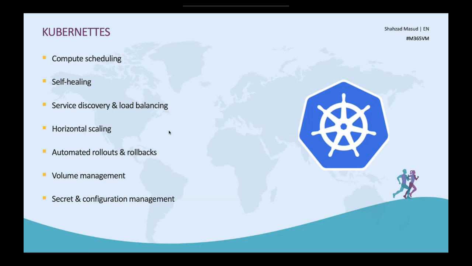Then there are automated rollouts and rollbacks. If you want to go for any deployment, you can create an image and roll out that image across the board. That would be a seamless deployment with zero downtime. And if something goes wrong, you can automatically roll back with a single command.